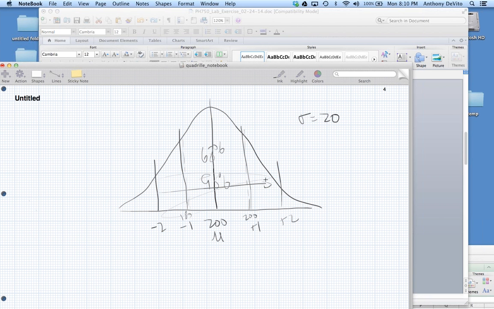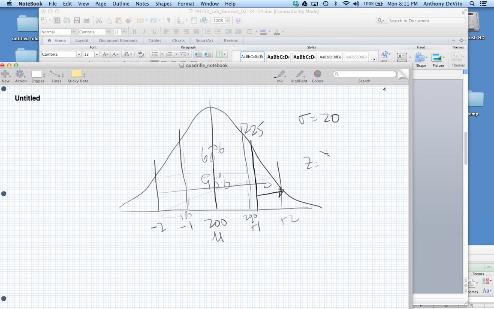Greater than 225. Things are going to get a little sticky here quick. This is 220. 225 is going to be over here somewhere. So we want to know what percentage of this population is above 225. Let's actually do it.